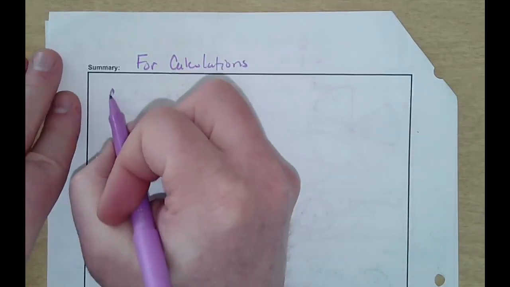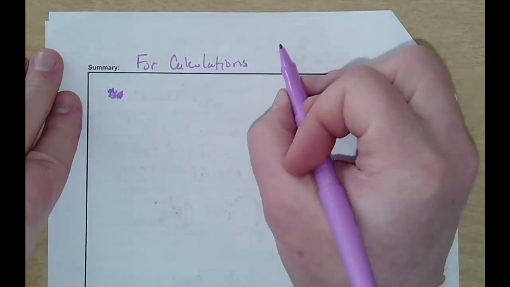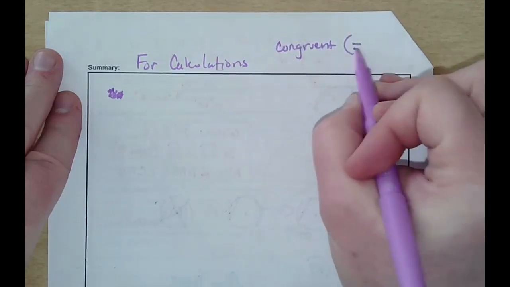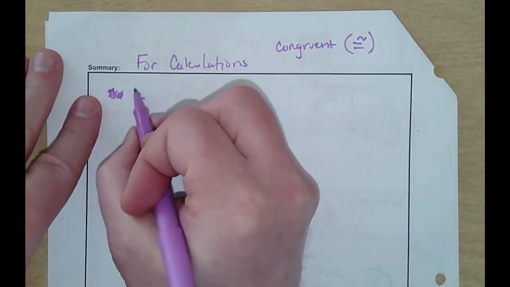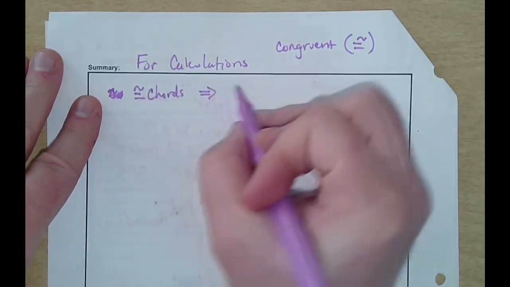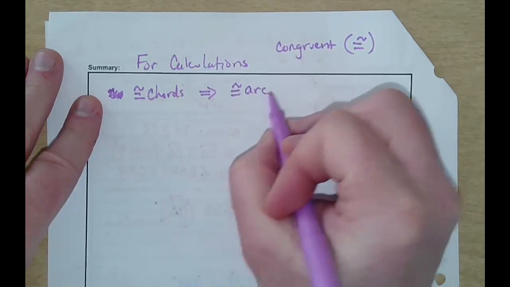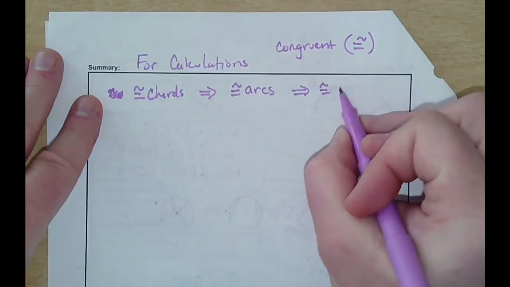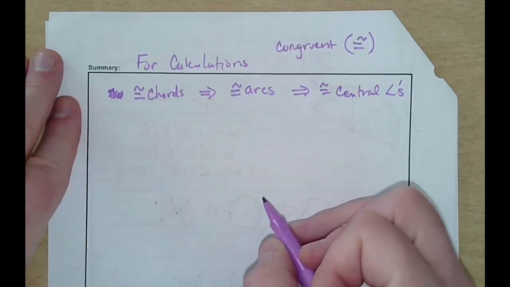keep in mind that congruent is this symbol. Congruent chords will mean that we get congruent arcs, which will mean we get congruent central angles.